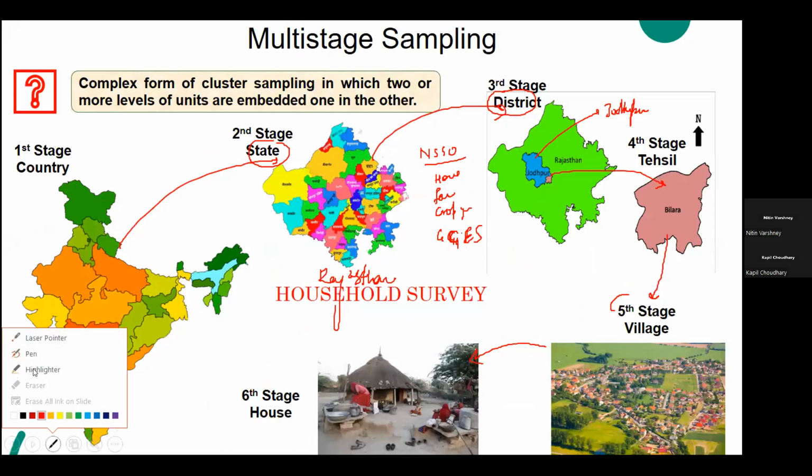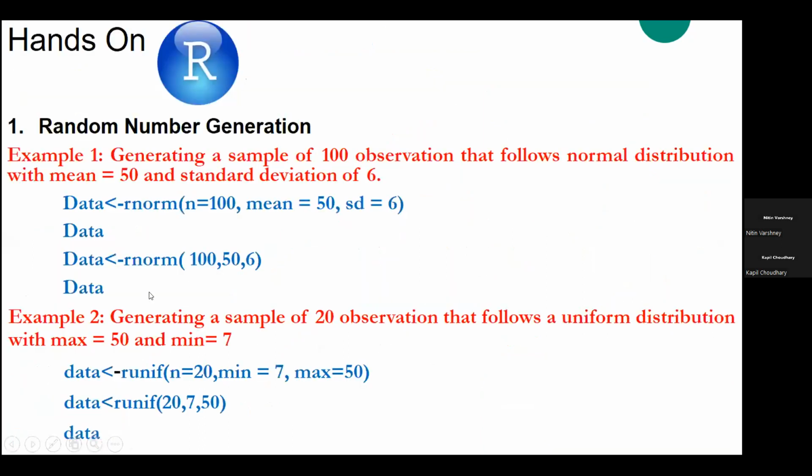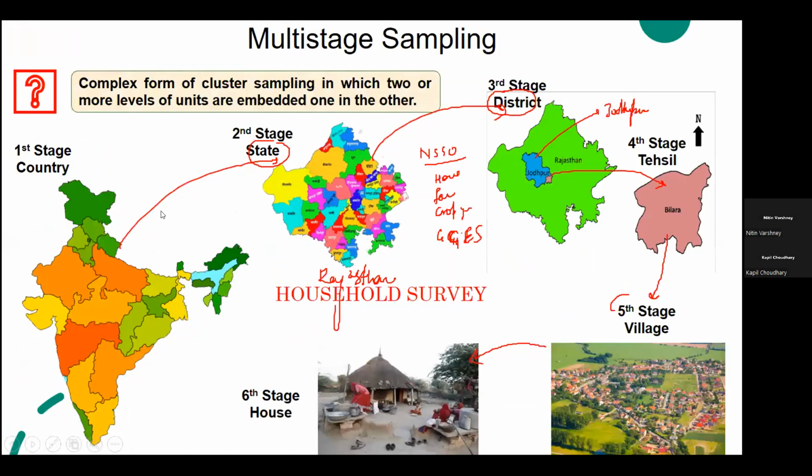Suppose you are conducting a survey and you want to study, for example, the average yield of rice of a particular district of Rajasthan. So I have selected a district, and we will use random sampling while selecting at each and every stage.